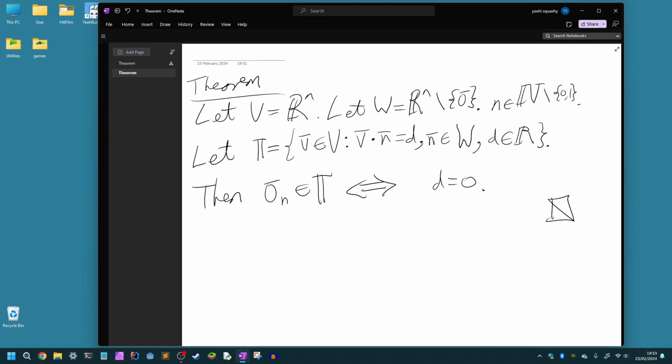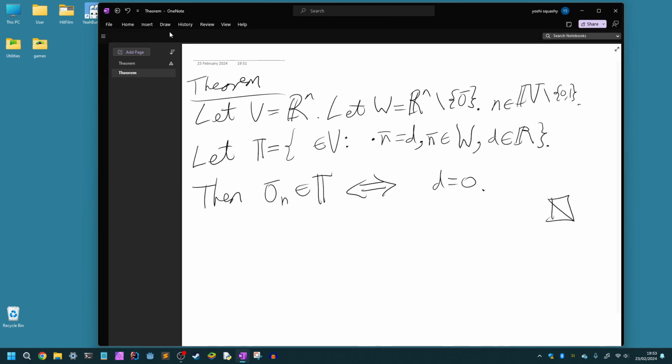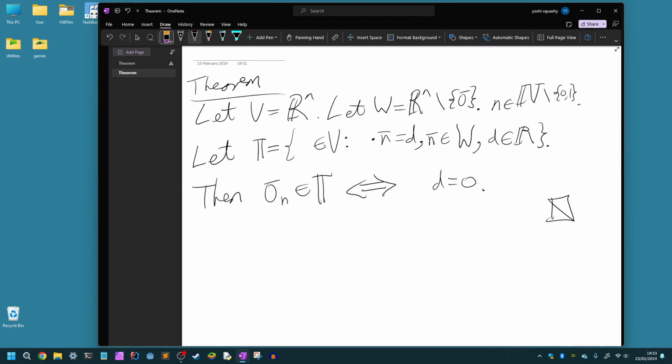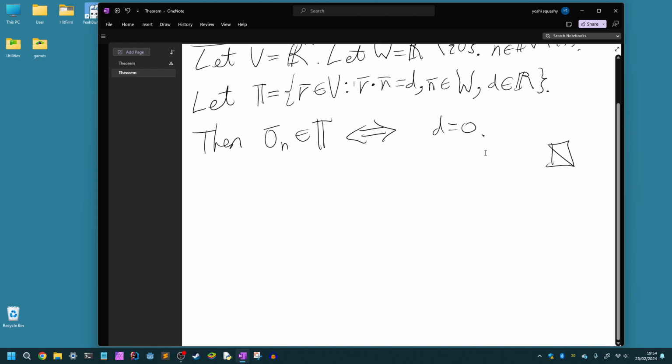So the idea is equations of the form v dot n. Oh, out of convention they tend to use r. Let's use r. It's better to follow the conventions, and then it'll look more normal. There's no reason we can't use v, but r is clearer. Then r dot n equals d. So 0_n being of that implies that d equals 0.